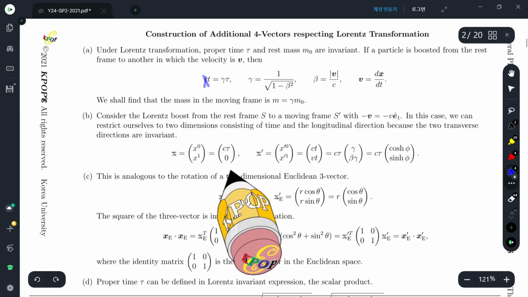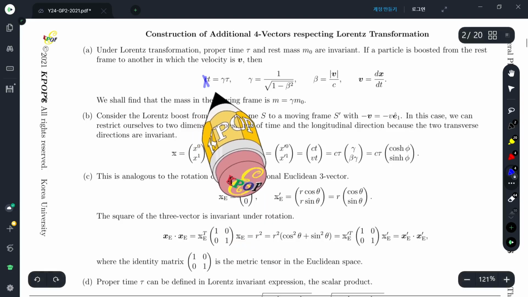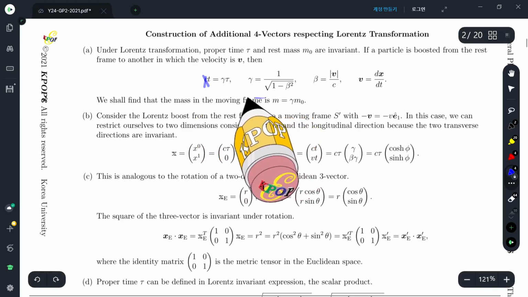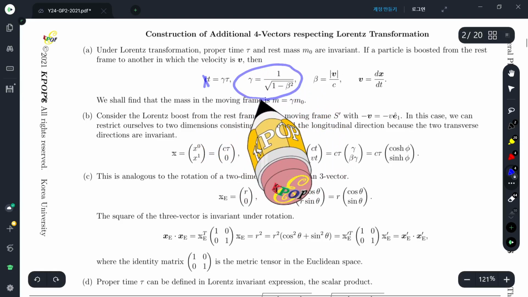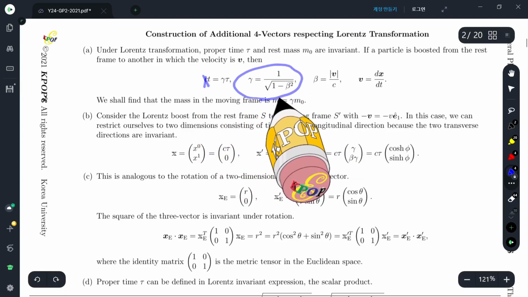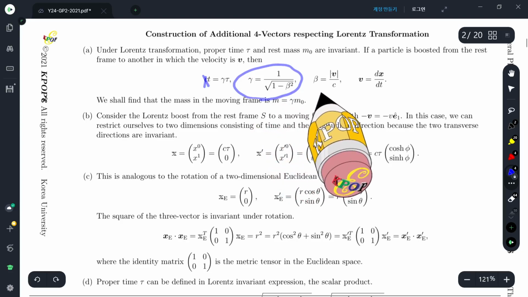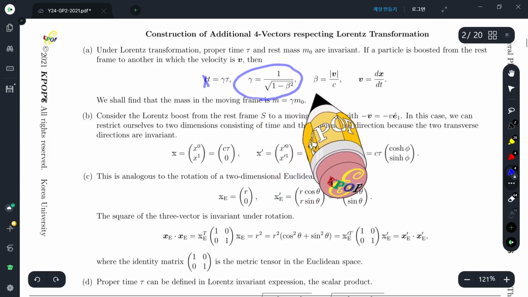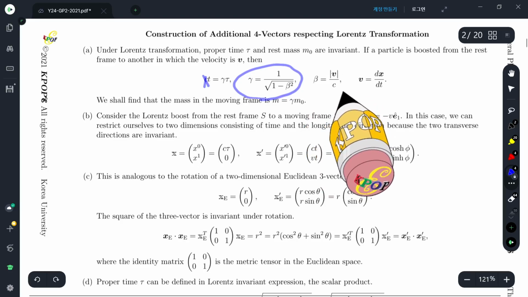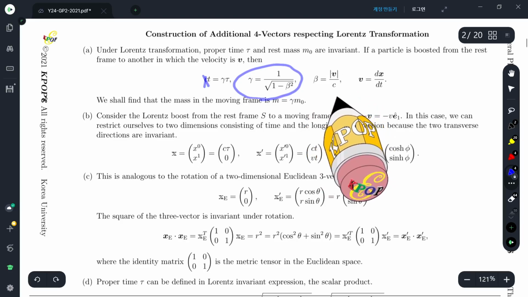The gamma factor, Lorentz factor, is completely determined by the parameter beta, that is the speed of an object divided by the speed of light.